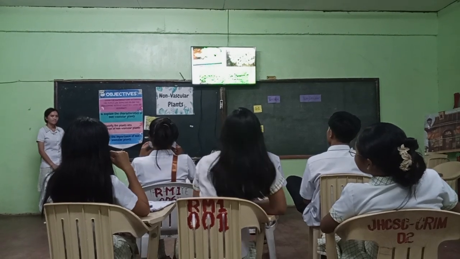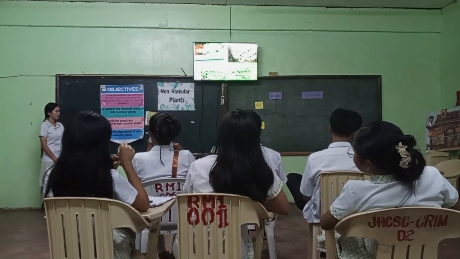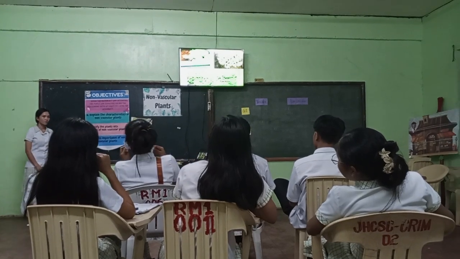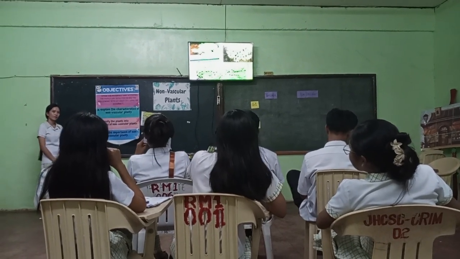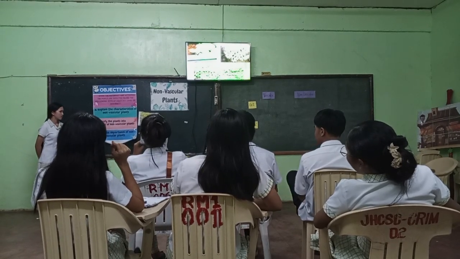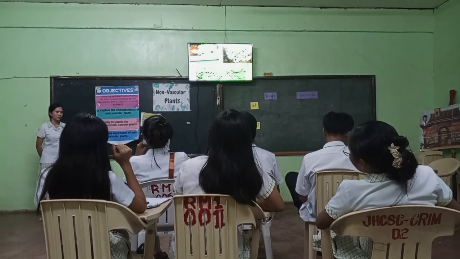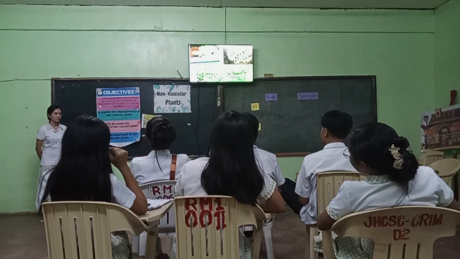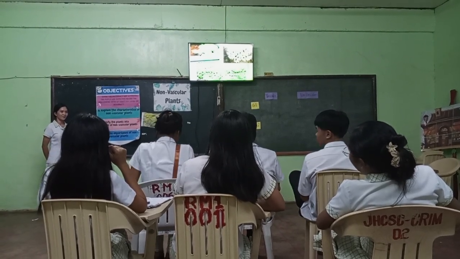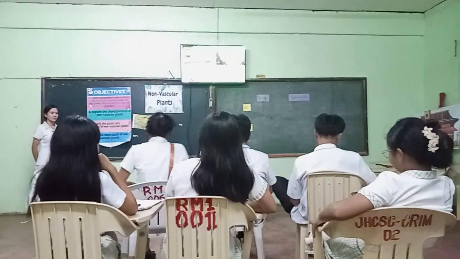Given materials and activities, you are expected to do the following with at least 75% level of accuracy. Explain the characteristics of non-vascular plants. Classify the plants into groups of non-vascular plants. Give the importance of non-vascular plants.